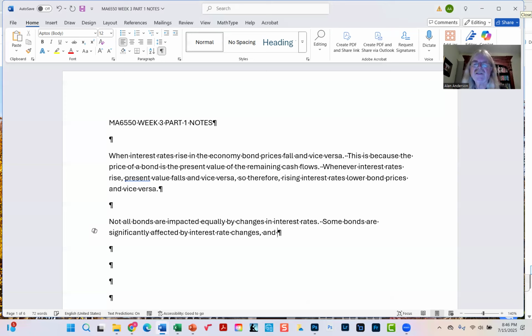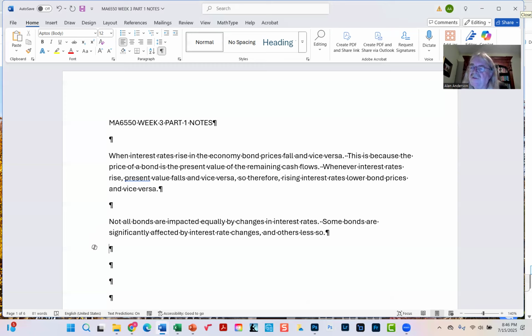Okay, in other words, there are some bonds where a change in interest rates will have fairly minimal impact on its price. And in other cases, there are bonds that would be dramatically affected by the same changes in interest rates. So what we need to do is understand how this works.